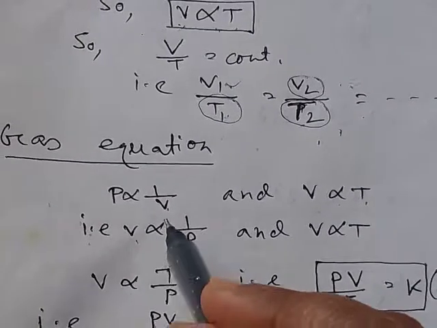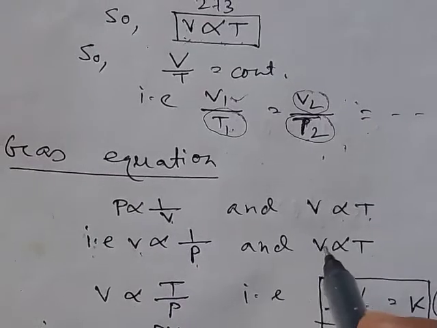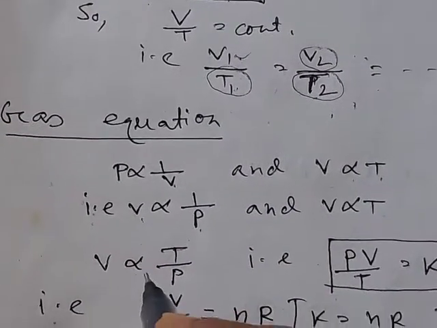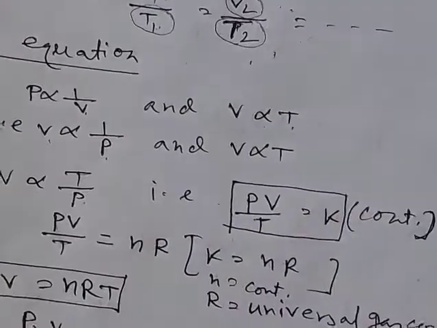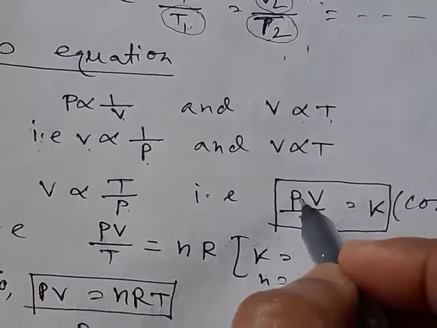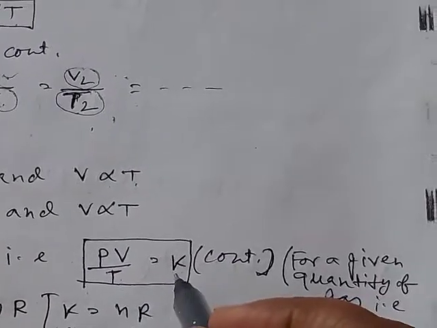That is, volume is inversely proportional to P and V is proportional to T. Combining these two, we can write volume proportional to temperature by pressure. That is, if we give a proportionality constant, then PV by T is equal to K. This K is the proportionality constant.